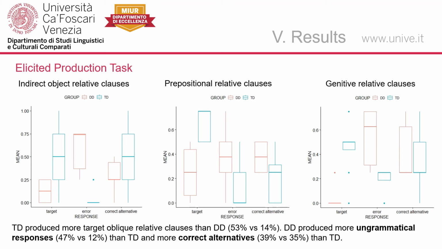The group with DD produced more errors, with an average of 47%, and more correct alternatives, with an average of 39%, than the TD group, who only produced 12% of ungrammatical sentences and an average of 35% of correct alternatives. If we look at the sentence types, we can observe that genitive relatives are the most avoided sentences by both TD and DD, while they appear to be more confident with the prepositional relatives.